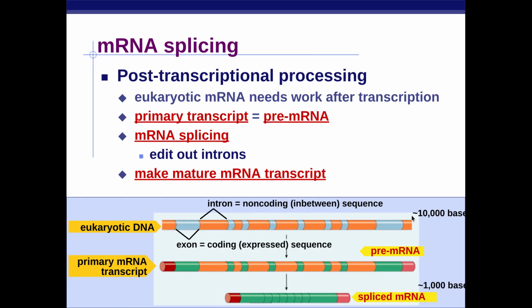Now, one other thing I want to point out here is that what is junk, or what is an intron for one protein, could be an exon for another protein. So for example, let's say this sequence here is an intron for this particular messenger RNA, which is going to be made into a protein.